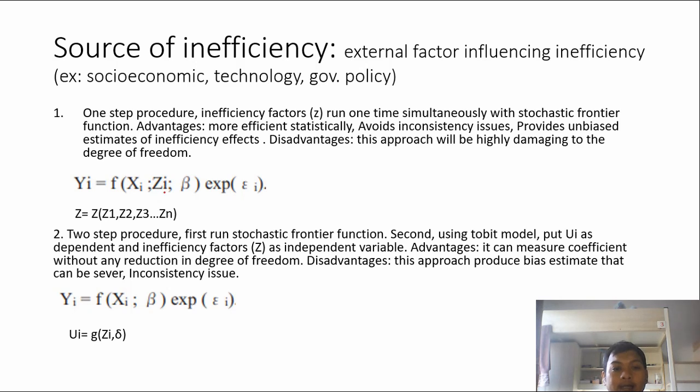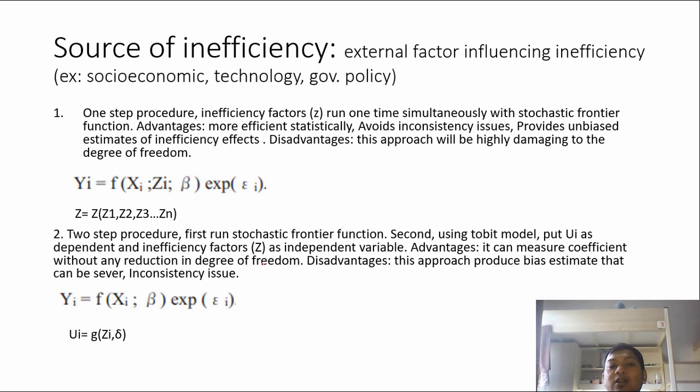And the second is the two-step procedure. First, run the stochastic frontier function, and then second, using a Tobit model, put U_i as the dependent and the inefficiency factors as independent variables. The advantage is it can measure the coefficients without any reduction in degrees of freedom.